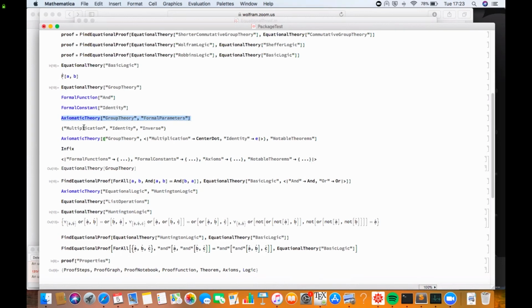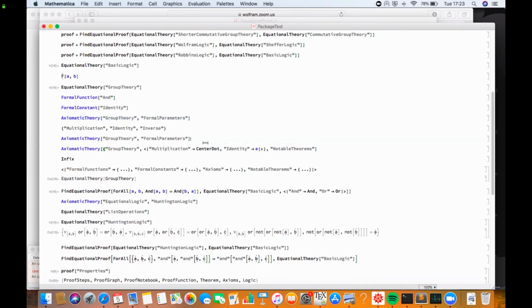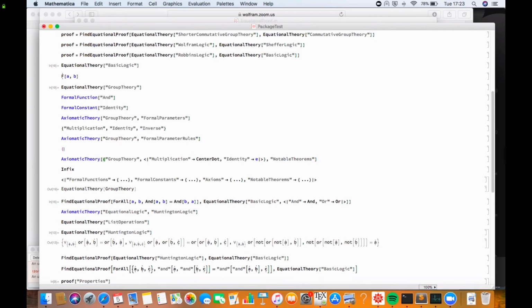And what that returns, just as a convenience, is that association saying multiplication, string multiplication, goes to formal function of quotes multiplication. So in other words, it gives you defaults there, and the ones you want to change, you can change to whatever you want. You can either change them to other formal functions, or you can change them to center dot or something.